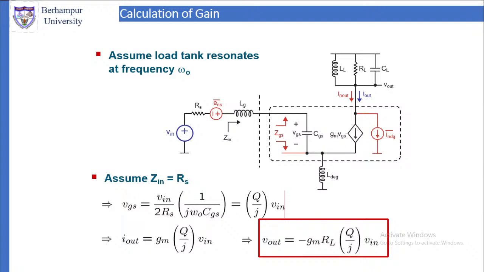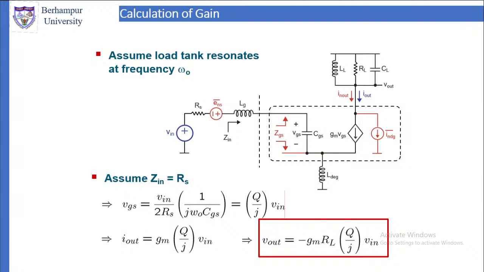This comes from your simple circuit analysis. So that gives you Q divided by j into Vin. So therefore VGS is equal to Q by j Vin.